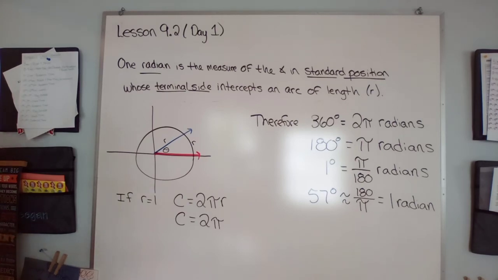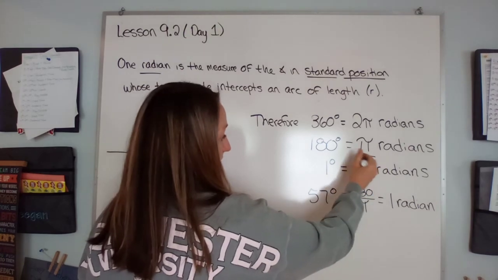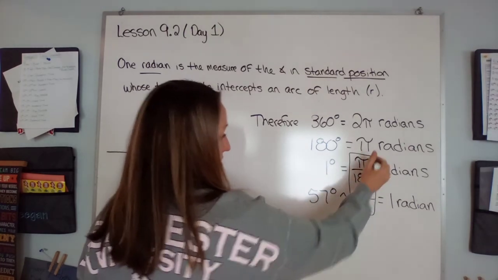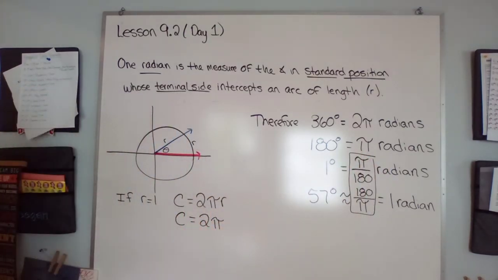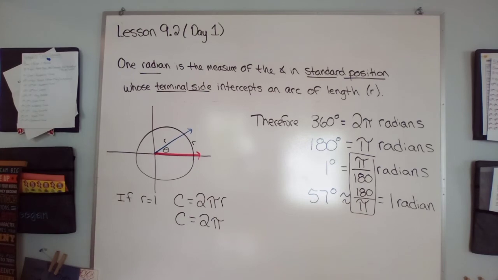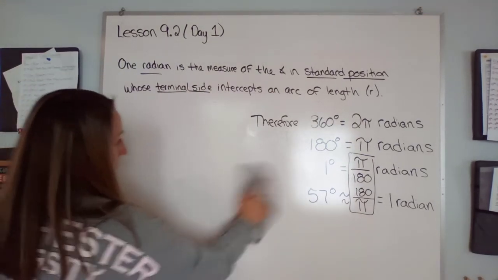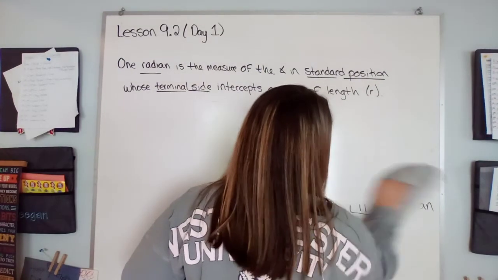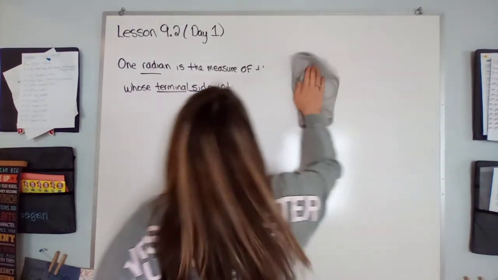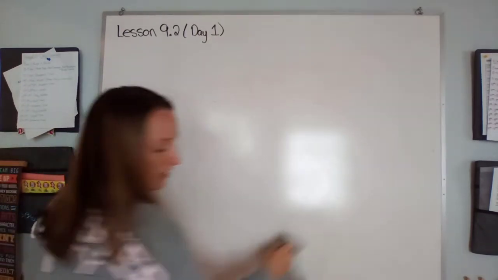And like I said, we're going to be using this conversion factor or this one. And I'll explain to you how you know which one you're going to use once I get the problem set up. This is, I think, the last bit of information for this lesson.